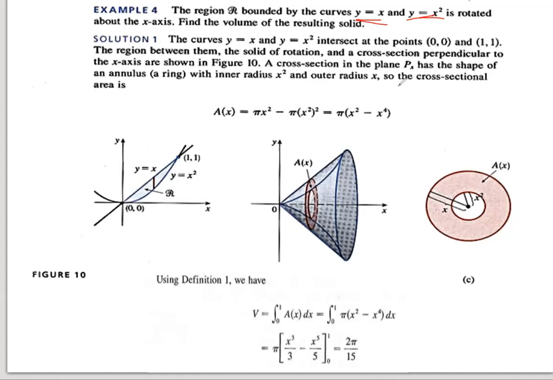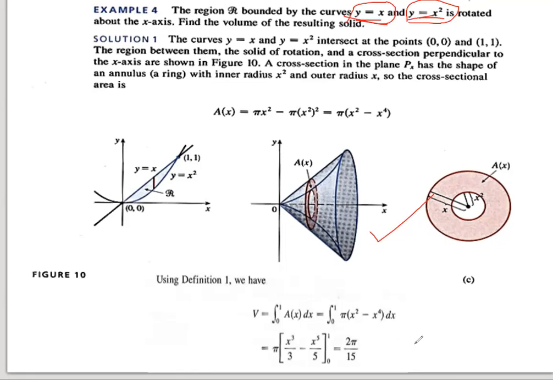Notice in this case, y equals x is the greater curve, and y equals x squared is the lesser one. I know it looks funny, but the diagram will show it. Good. Now, if you take that intersection and rotate it about the x-axis, you'll have this shape.